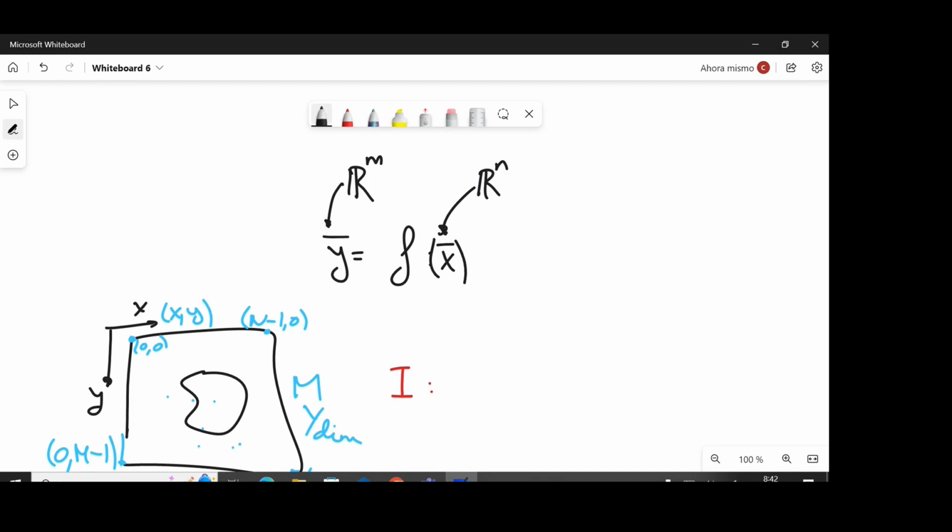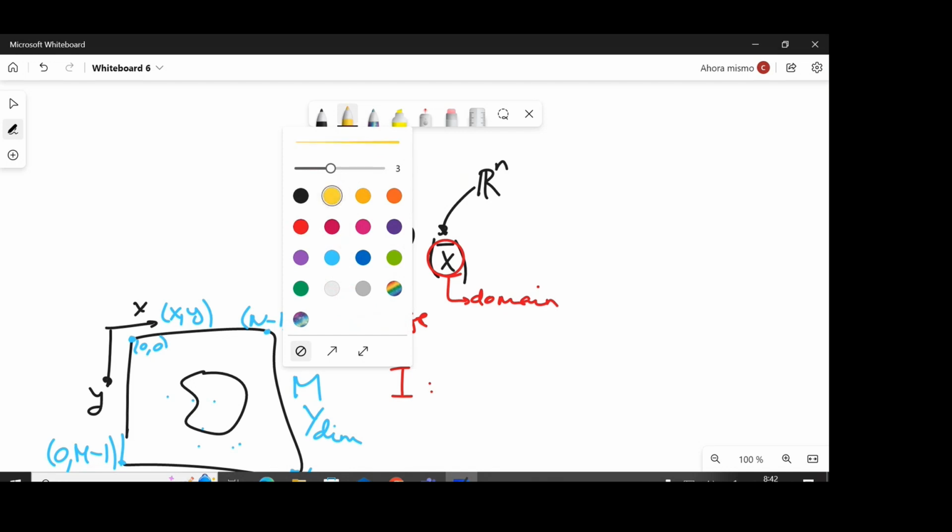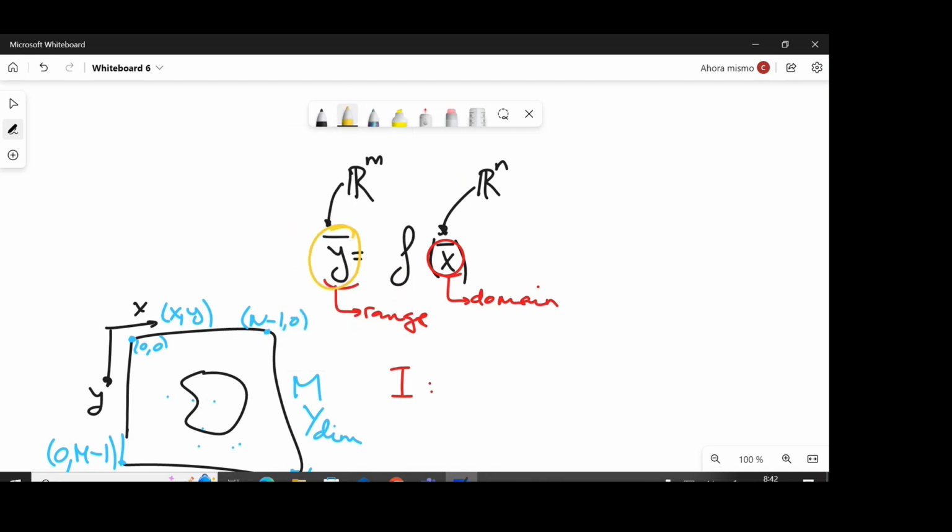So in general, a function has something that is called a domain. This is where the function is defined, and this is called the range. You are used to think of these functions as, I will use different colors again, let's say this is yellow.